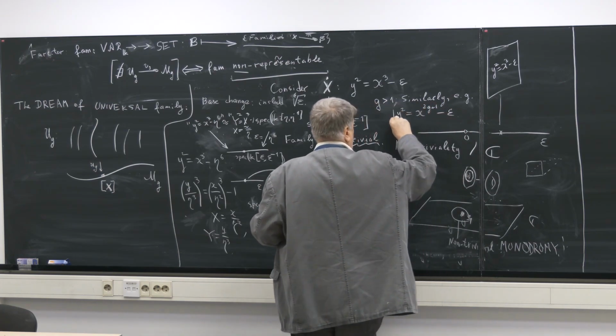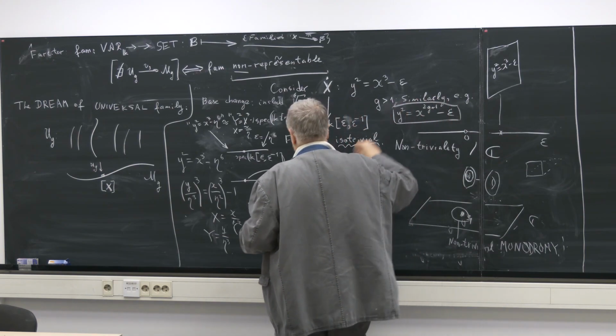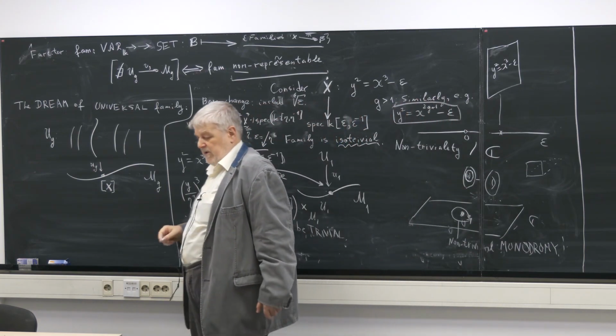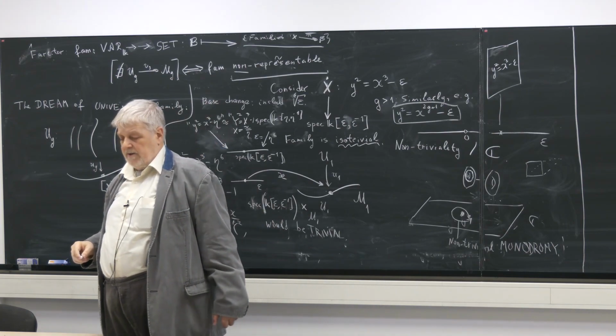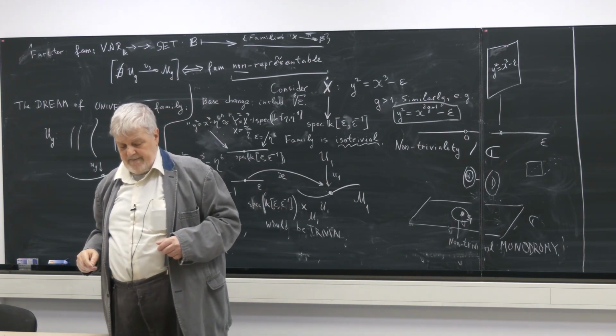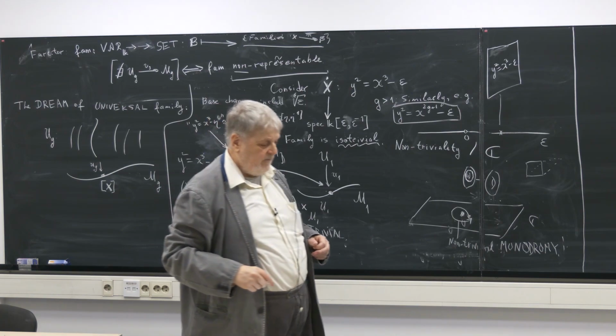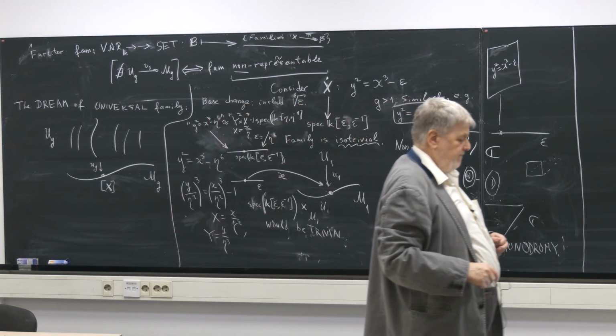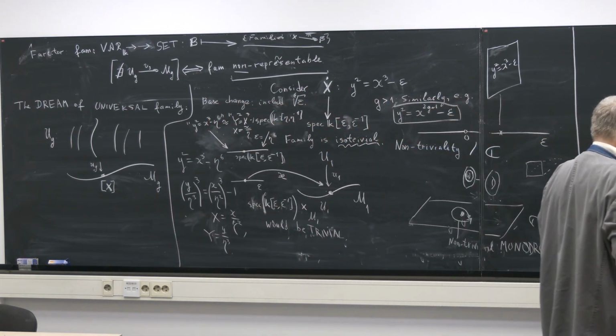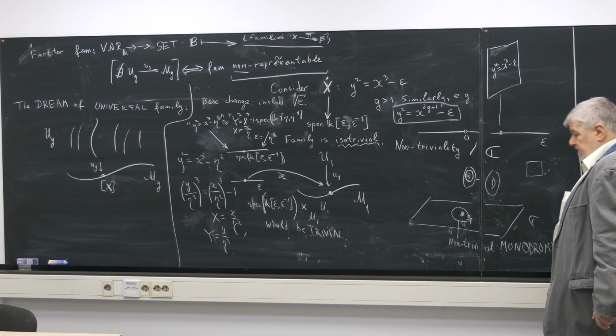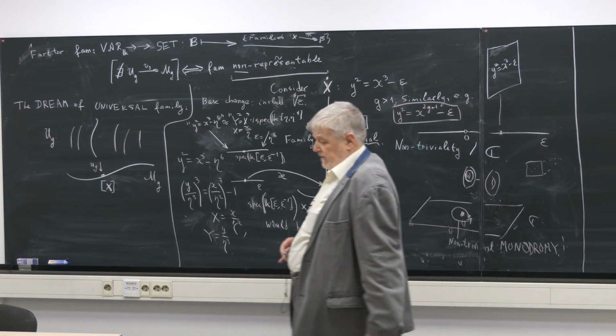It would behave exactly in the same way. It's just a bit harder to follow the non-triviality of the monodromy. So what we have discussed is by no means special for genus 1.